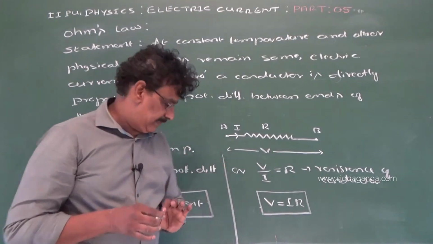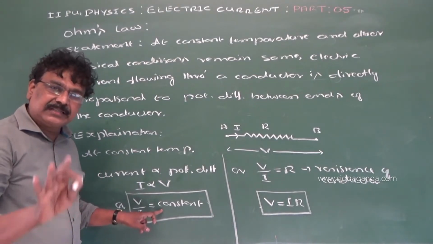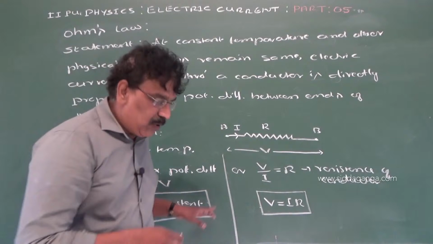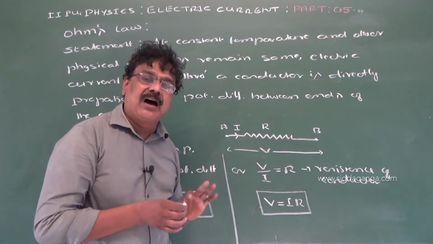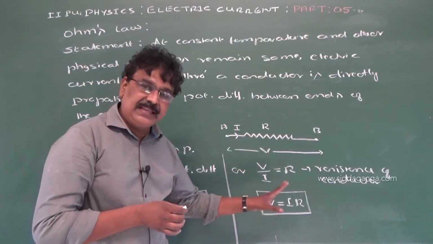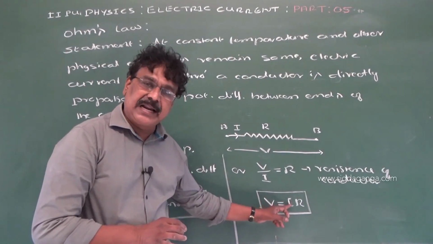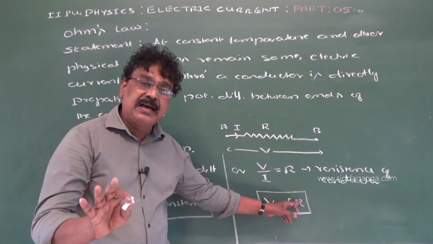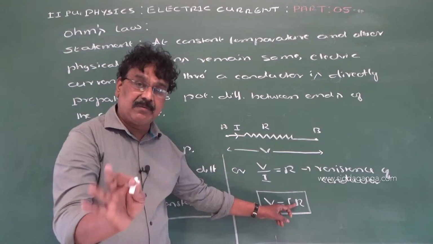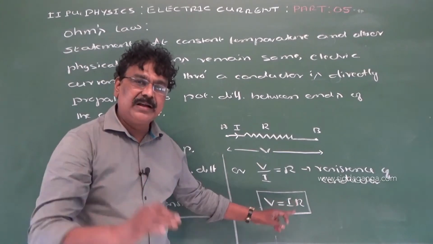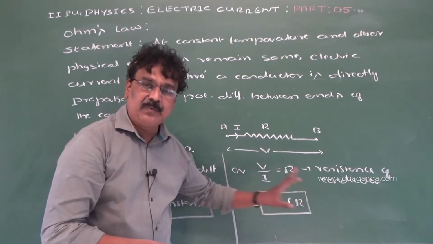Strictly speaking, this V by I is equal to constant is the true Ohm's law. From Ohm's law, we have obtained this equation, V is equal to IR, right? But this V is equal to IR gives the relation between potential difference, current and resistance of any component, right? You got my point? It is any component. It may be conductor or it may be semiconductor, right? So this V is equal to IR.